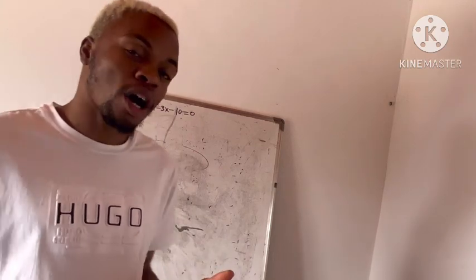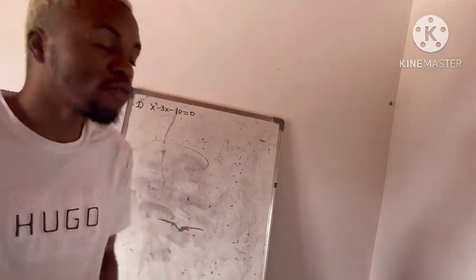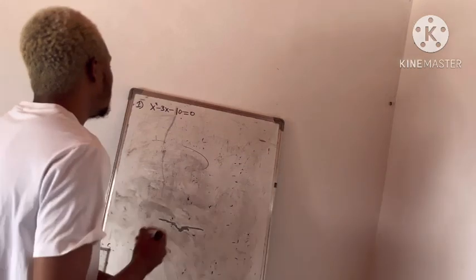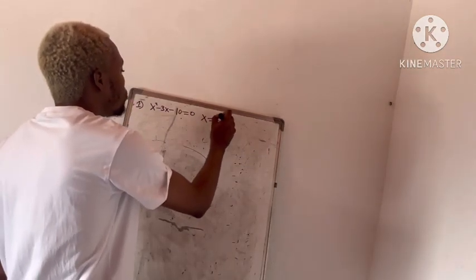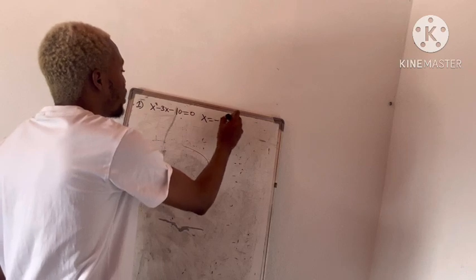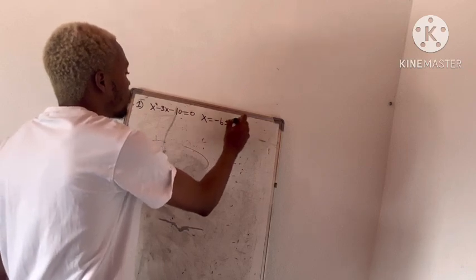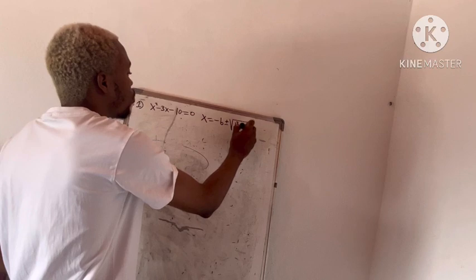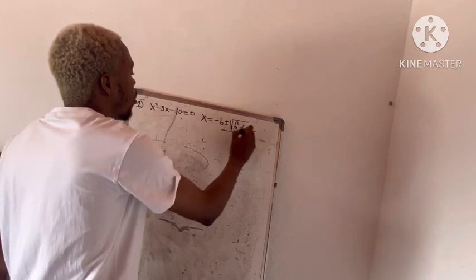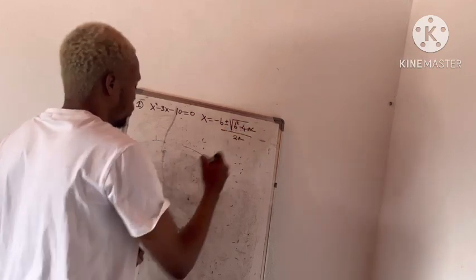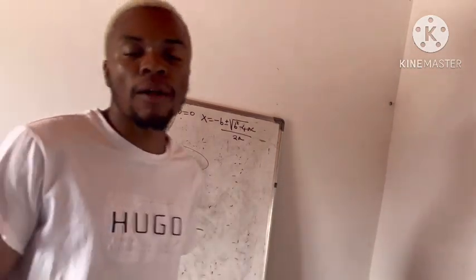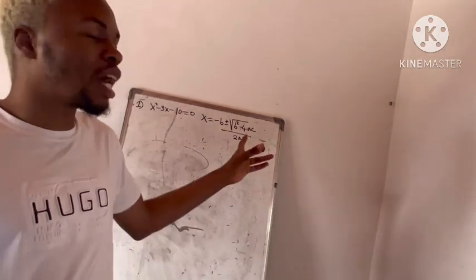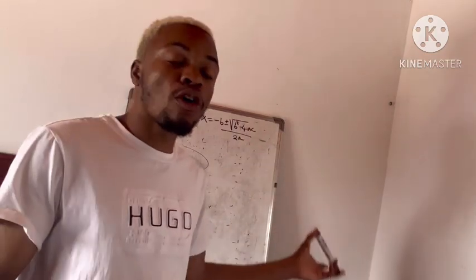Firstly, the quadratic formula, where x equals minus b plus or minus the square root of b squared minus 4ac, all over 2a. So that's the first way of solving this equation.